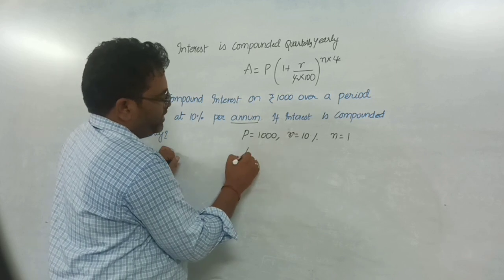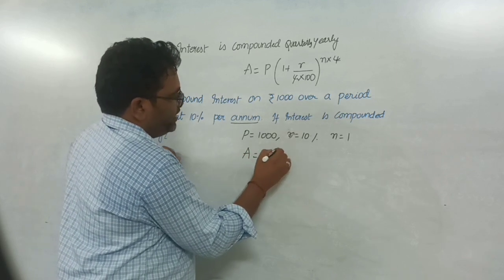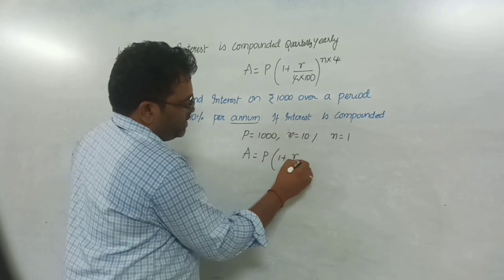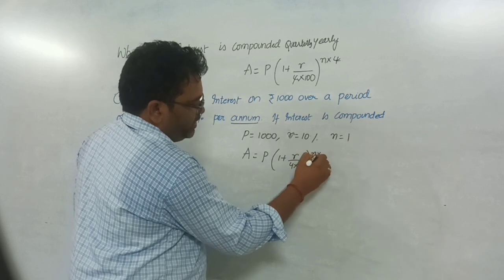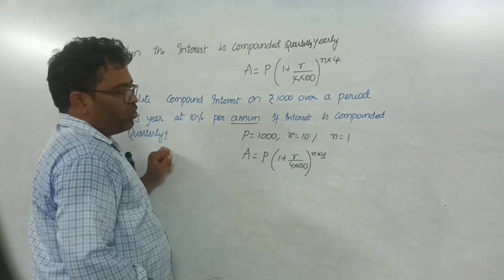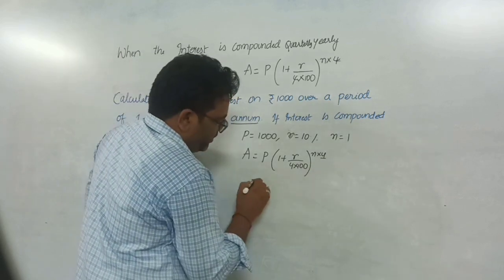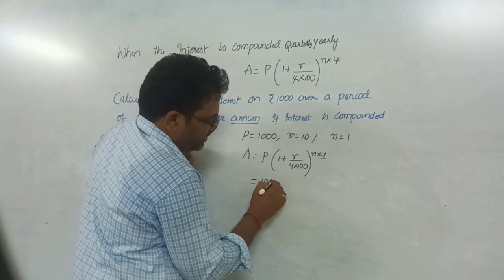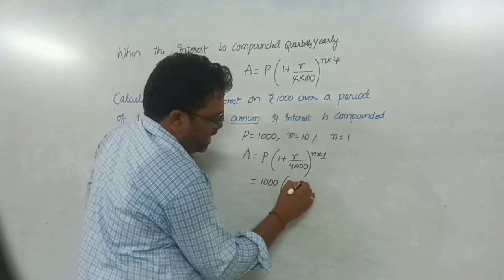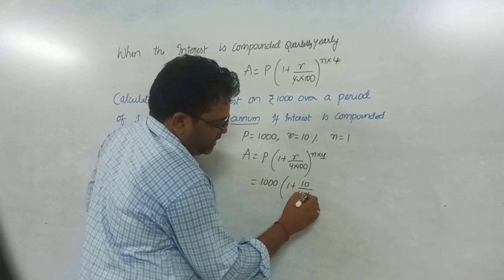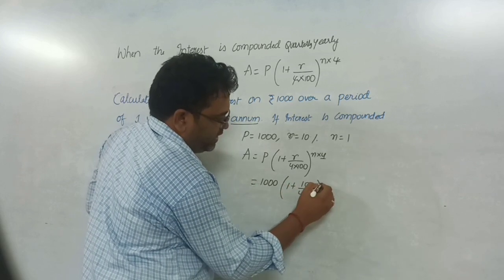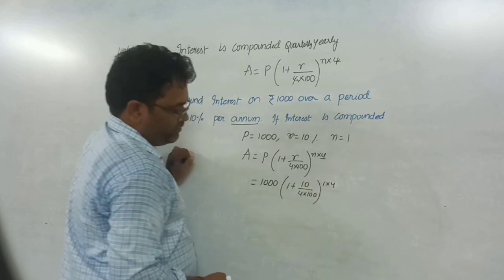So here A is equal to P into (1 plus R by 4 into 100) whole to the power of n into 4. The 4 indicates quarter. So here P is equal to 1000, 1 plus 10 by 4 into 100, and the power is 1 into 4.